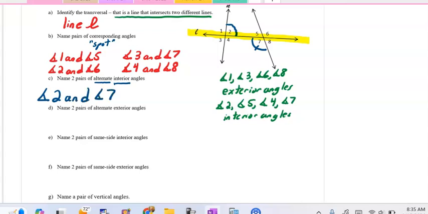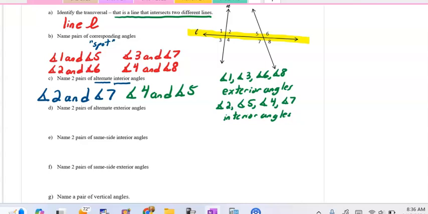They cross the transversal and they're both on the inside, so they kind of jump over. The other pair is angle 4 and angle 5. This angle here and angle 5. They kind of jump over that yellow line. So those are called alternate interior angles.